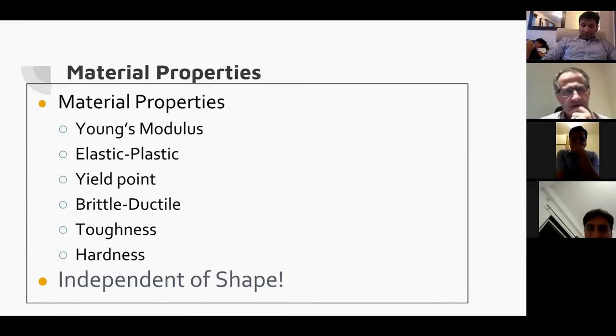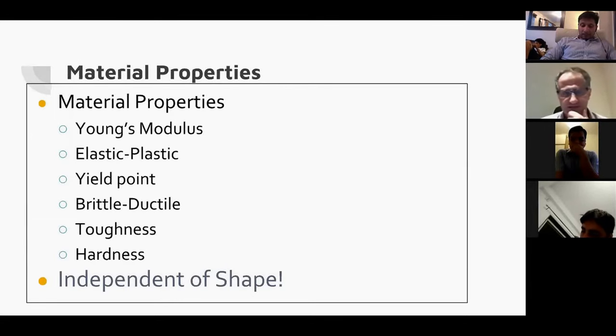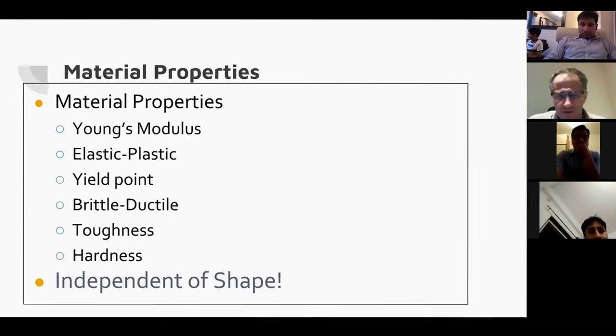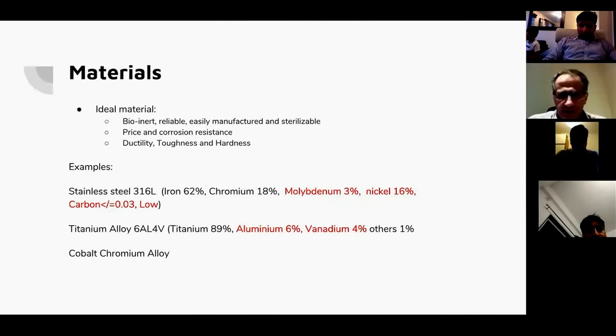So, material properties. You need to discuss Young's modulus, elastic, plastic, yield points, the brittleness or ductile features of your device, and the toughness and hardness of them. And remember, material properties are independent of shape. My ideal material would be something which is bio-inert, reliable, easily manufactured, and sterilizable.